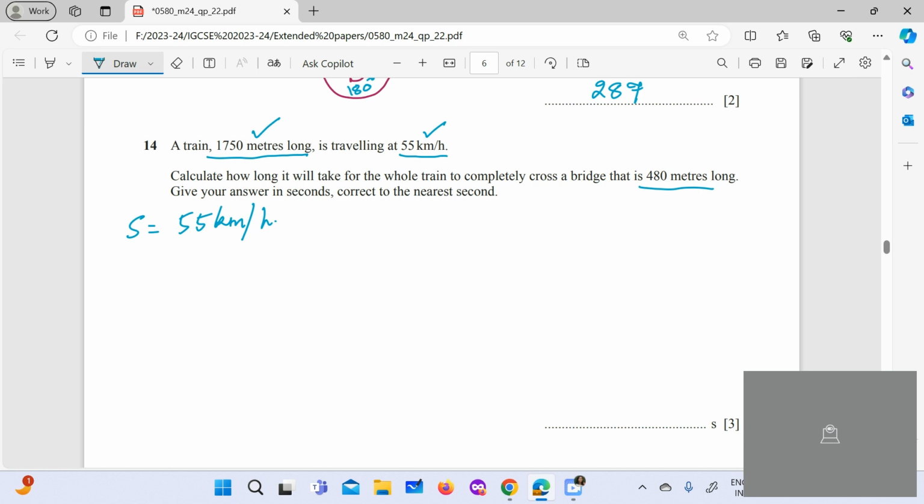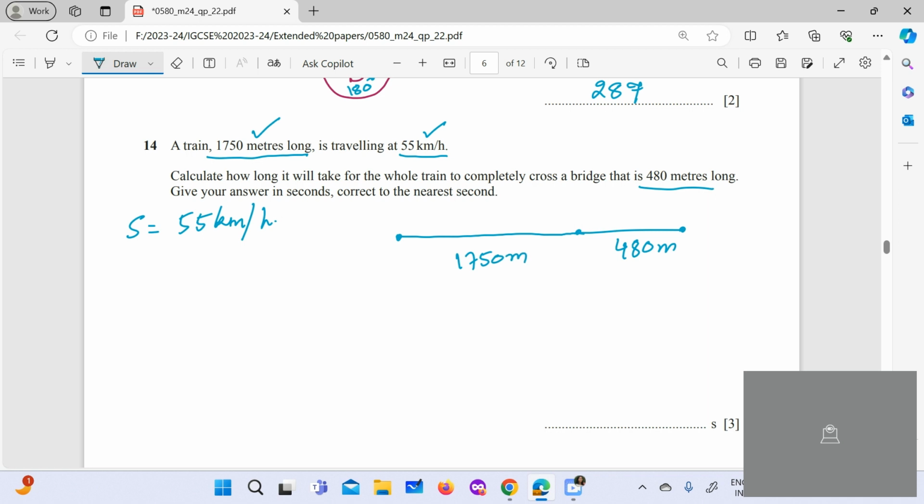Now look at this. The question says that how long it will take for the whole train to completely cross a bridge. So see, the bridge is 480 meters long. This is the length of your bridge, and now your train is here. This is your train, which is already 1750 meters long.